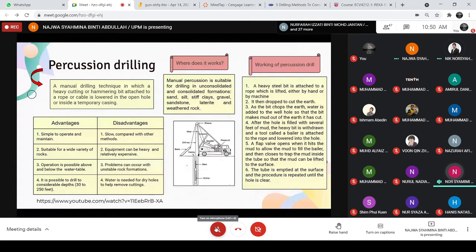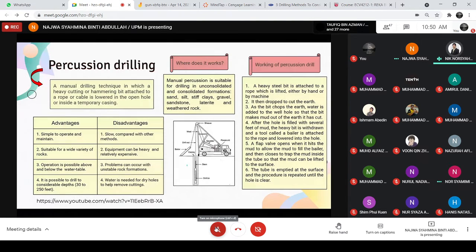Another purpose is to take out soil samples and evaluate the subsurface condition. So maybe we can use it for both purposes. Am I right, Doctor?